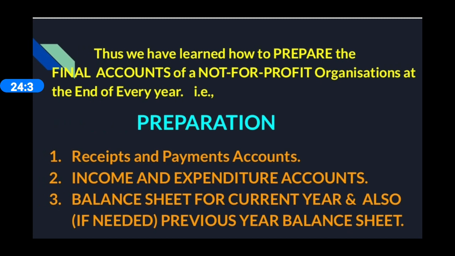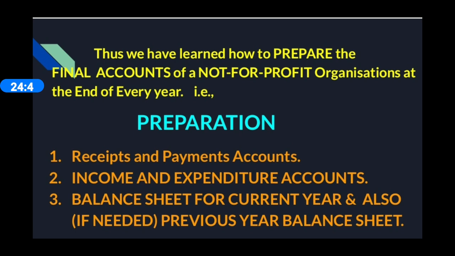So regarding a not-for-profit organization, what are the accounts to be prepared? First, the preparation of receipt and payment account. Receipt and payment account is nothing but a summary of cash book.